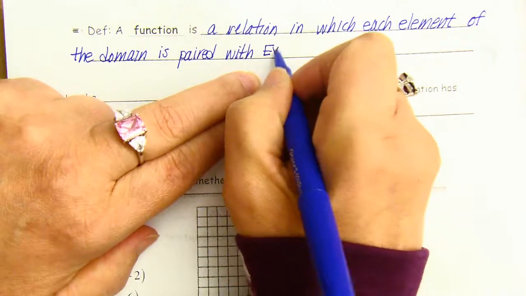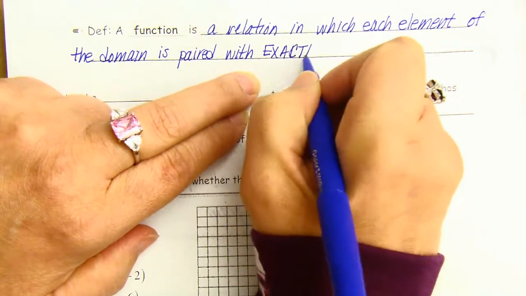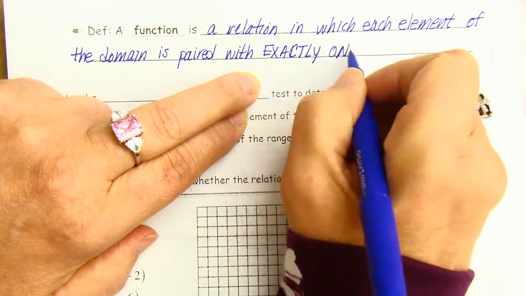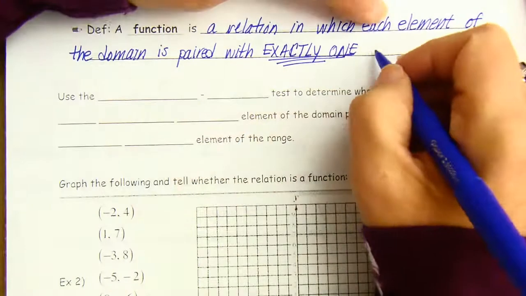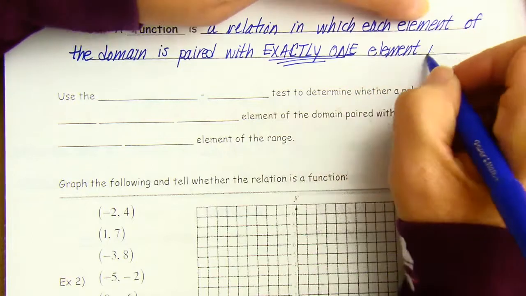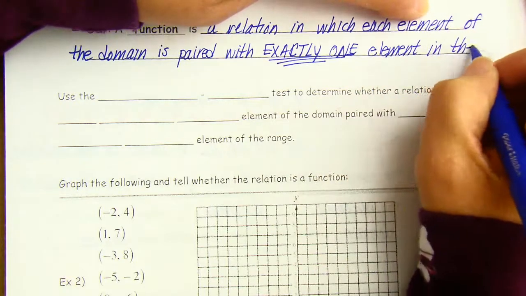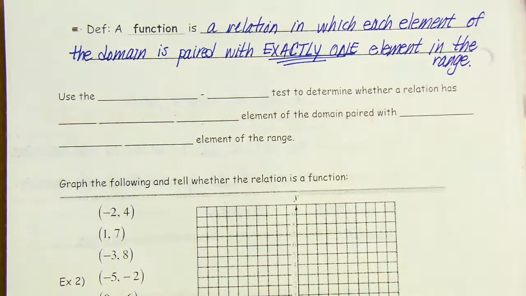I'm going to put that in caps and underline it. Exactly one. So each x is going to have its own y. You're not going to have the same x value being paired with two different y values.